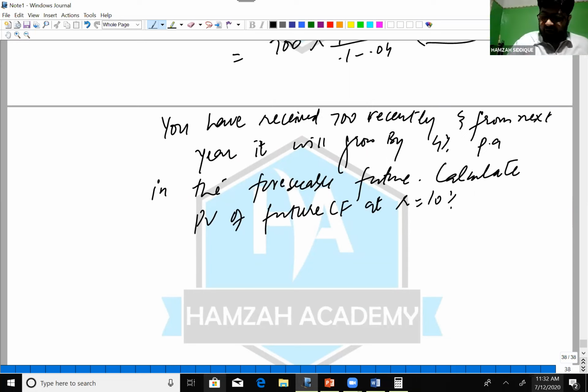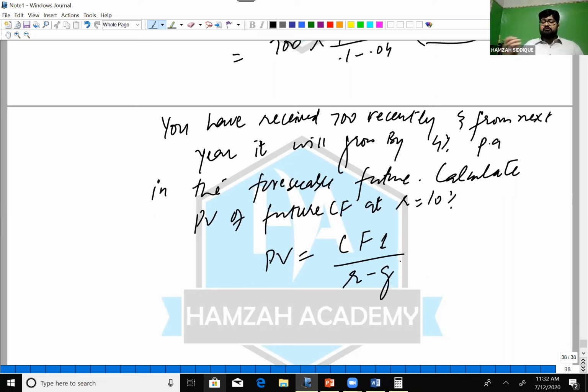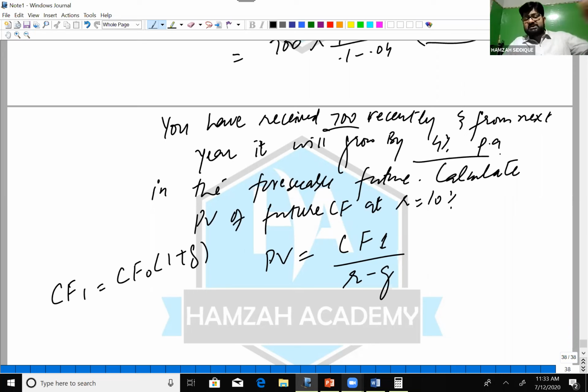We know the formula is present value is equal to CF1 over R minus G. So CF1: next year's cash flow you do not have, they say you have received 700 this year. So we need to calculate CF1 is equal to CF naught into 1 plus G. It will grow from next year by 4%.